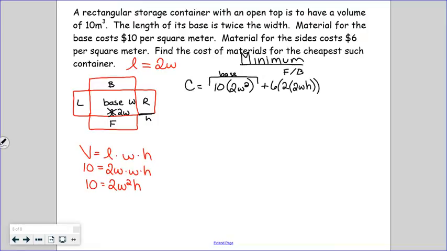Again, 2 because there's a front and a back. That's the dimensions of it, $6 per square meter. Yep, meter. Questions? Okay, so there's your front and back, and then same idea for your left and right: it is $6 per square meter. You've got a left and a right, so there's two of these sides that have dimensions of W by H.